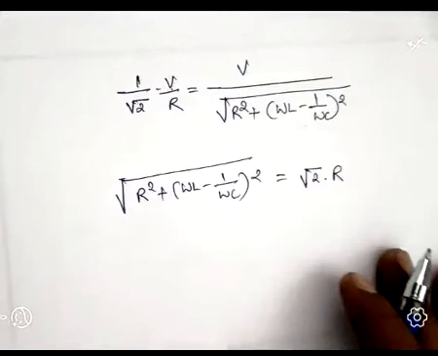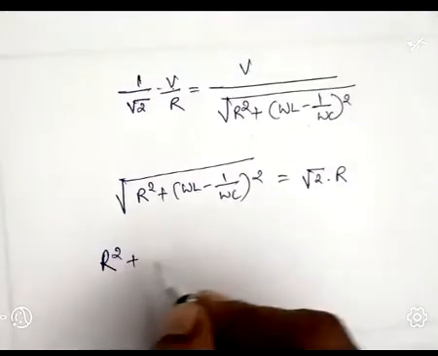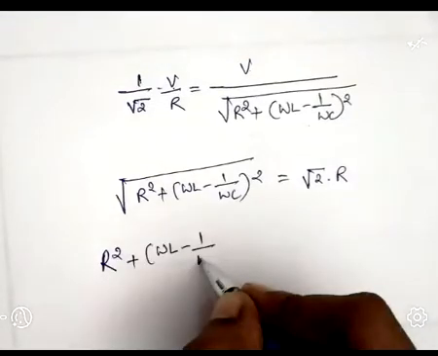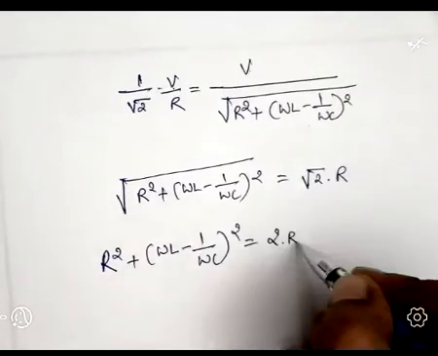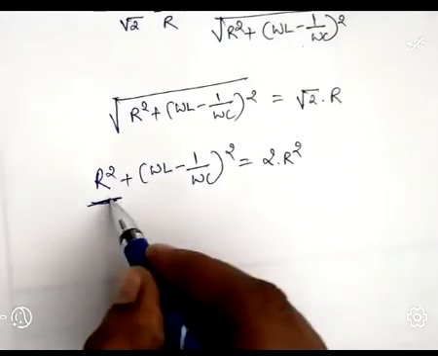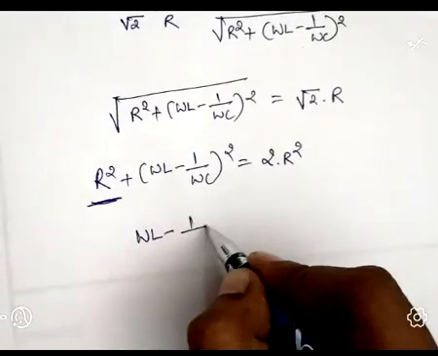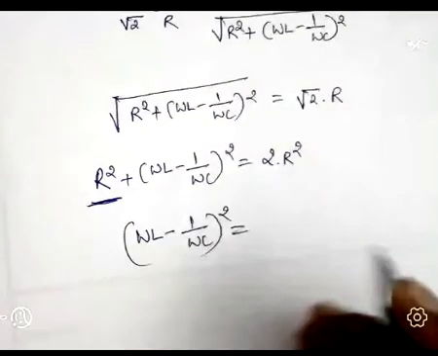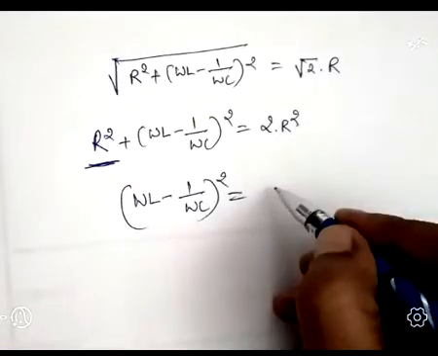Let us take square on both sides. Squaring on both sides, R square plus omega L minus 1 by omega C whole square is equal to 2 into R square. Next I will take this R square towards the RHS side, that is omega L minus 1 by omega C whole square is equal to 2 R square minus R square, it becomes R square.